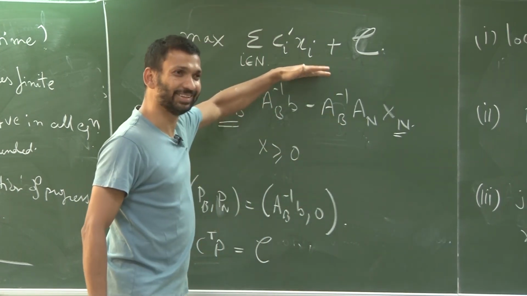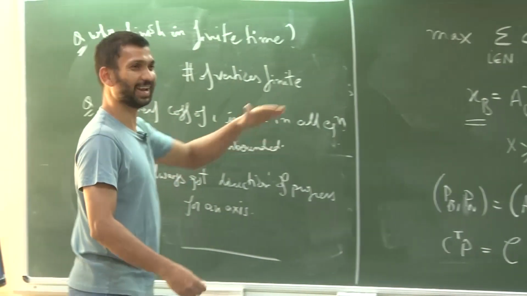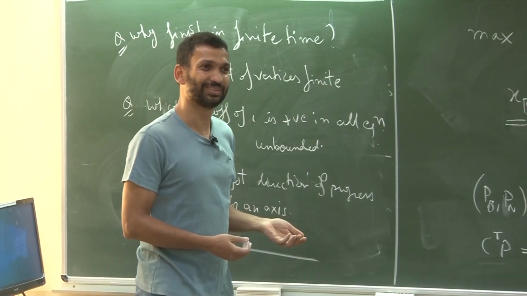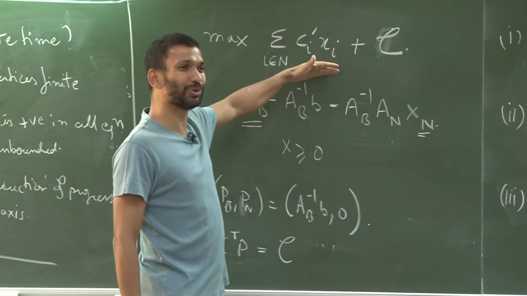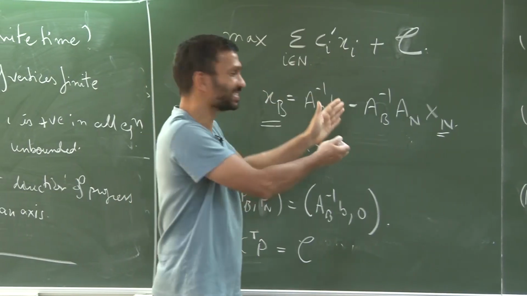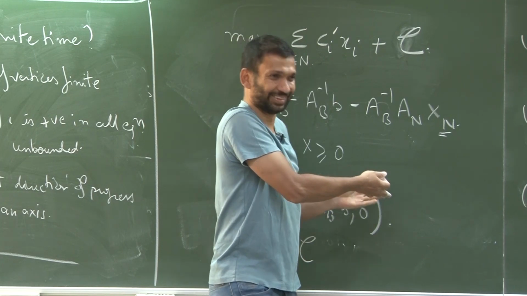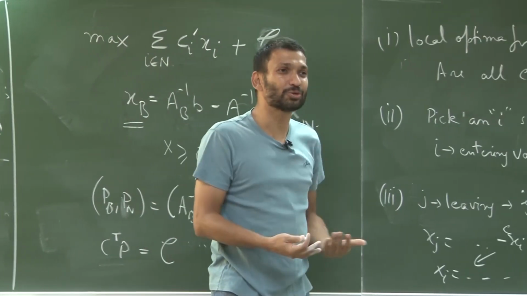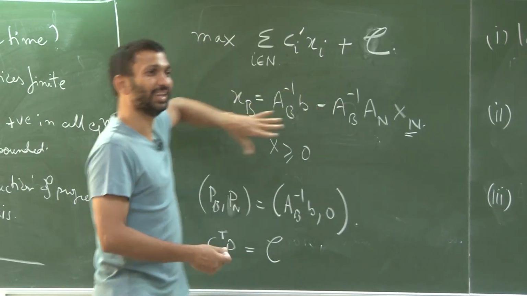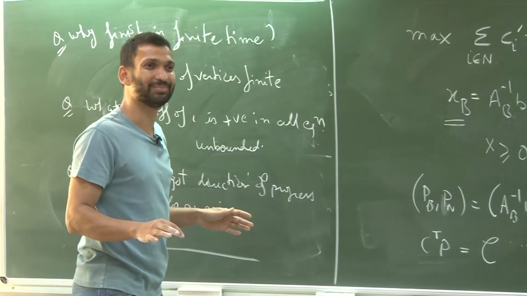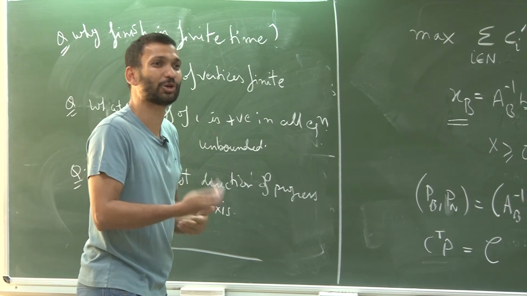Is the axis here an axis in the original solution? No. We have changed the basis so many times. This is an axis now, right? So don't get confused by this notion that the equations written here and the equation written here are in the same basis. You have changed the basis a lot of times.